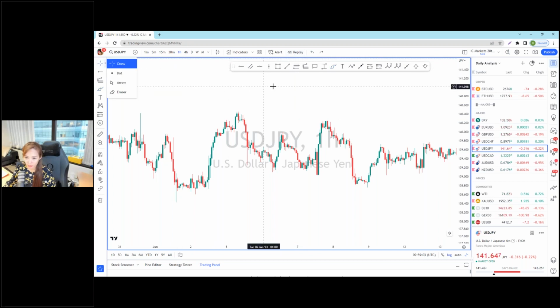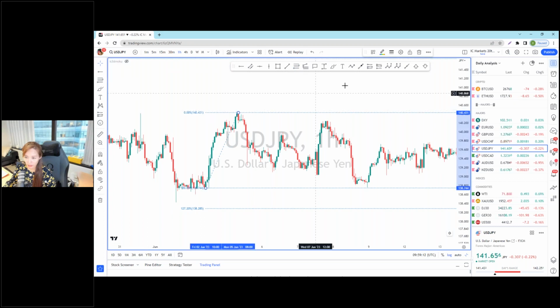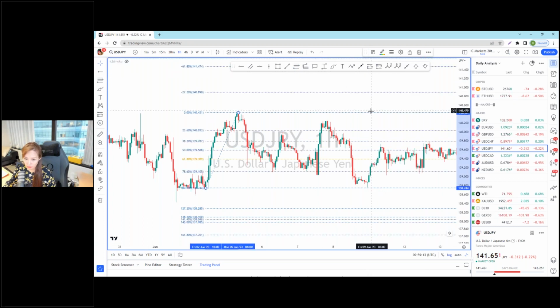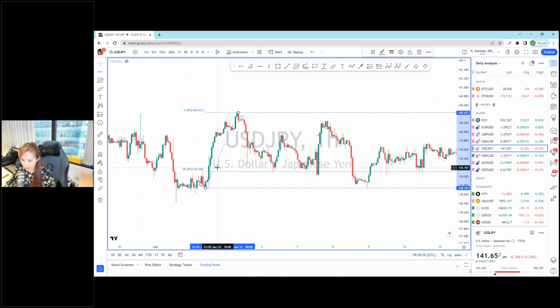For example, I'm using retracement. This is my Fibonacci retracement, and you see that price retraced 78.6%. After that, I know price has retraced, so I'm going to buy.